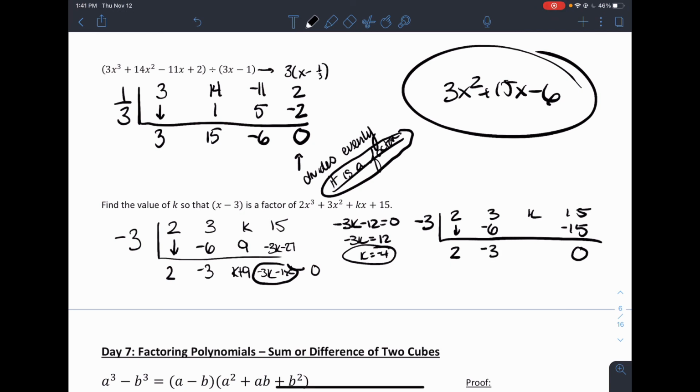Then negative 3 times negative 3 is positive 9. Now, to fill in this hole, I know that if I divide the negative 15 by negative 3, that should give me the number that was here, and that would be positive 5. And I know that k and 9 make positive 5 when added, so therefore k is negative 4.